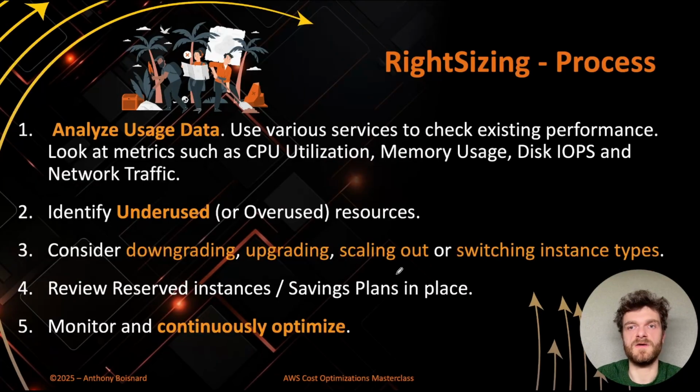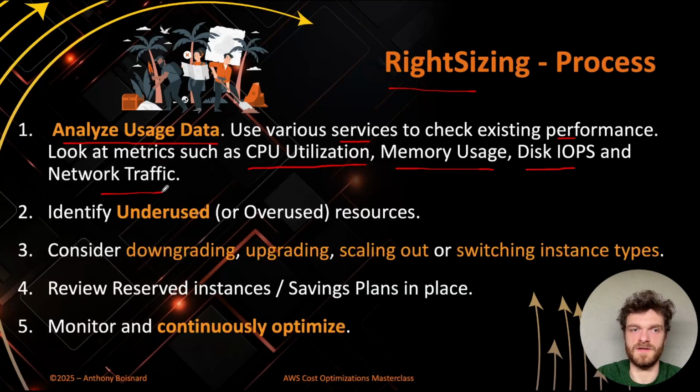The process of right sizing is first to analyze the usage data. So you can use various services to check the performance and look at metrics like CPU utilization, memory usage, disk IOPS, and network traffic. Then you can identify the underused or also the overused resources.